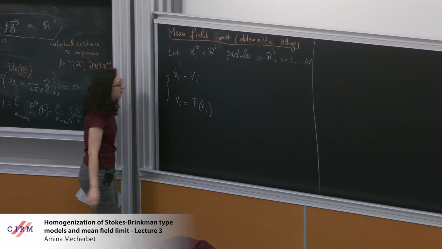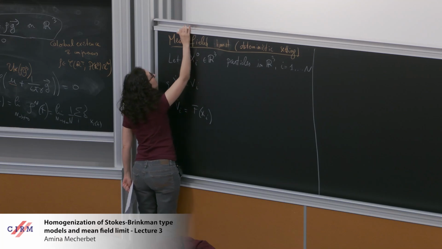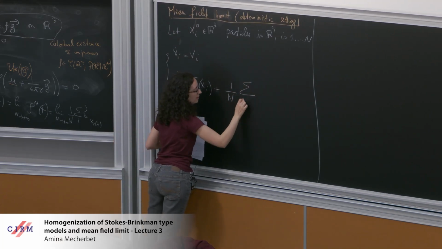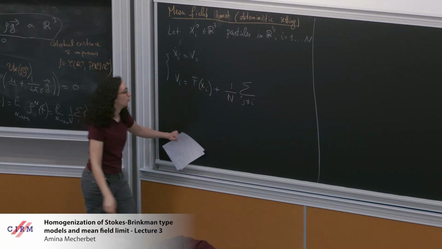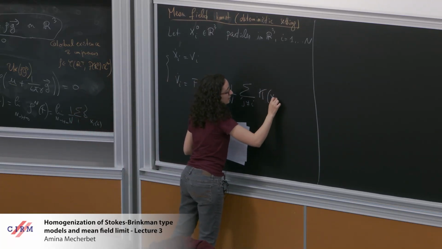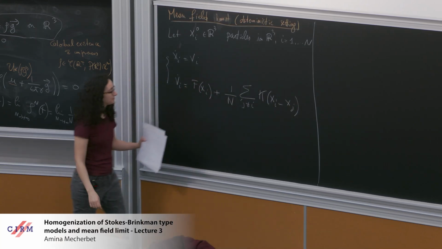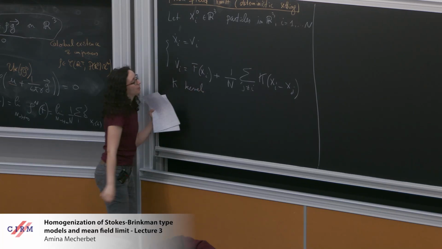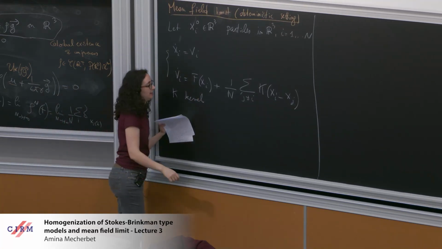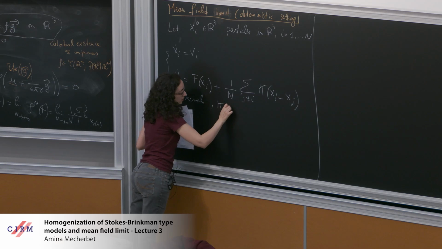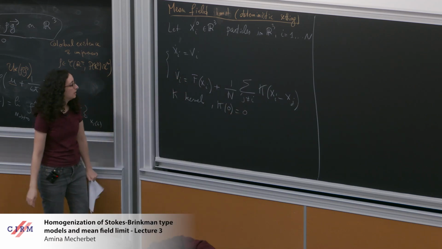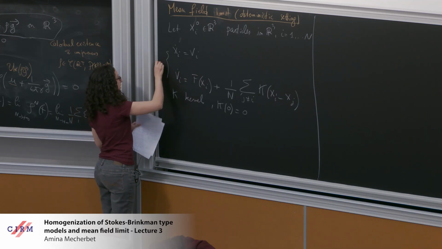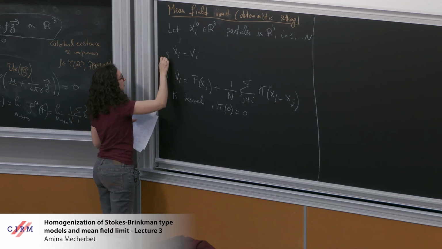So the velocity of the ith particle depends on an effect coming from its position plus an interaction with the other particles through a kernel like this. So here K is a kernel. And we will quickly consider the case where K is singular actually, but we assume that there is no self-interaction. So I will call this system ODE2 because it's second order.